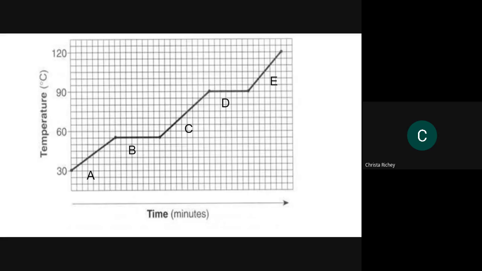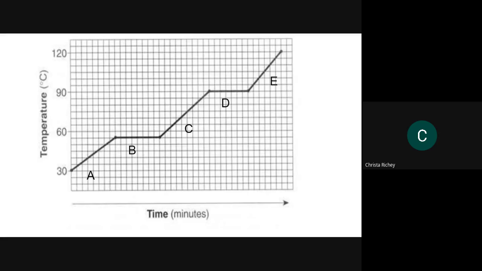What is the value for the freezing point? Each of these jumps is worth 5. So here's the freezing point. What's the freezing point of the substance? 55 degrees Celsius, which is really, really hot. I don't know what this substance is. The boiling point would be here, and it's right on 90.